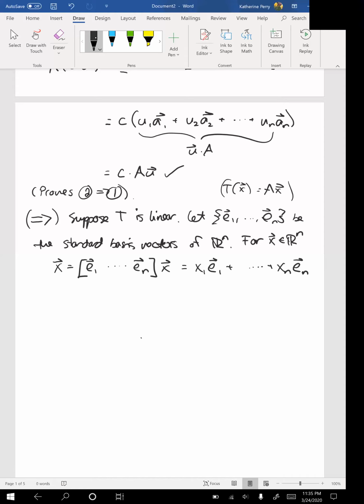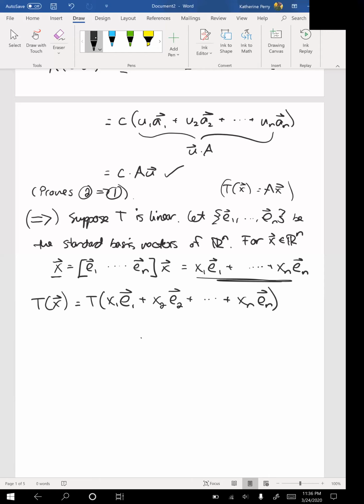So I'll say that T of x is equal to, so I have x here and I have this here, these are the same, so that's equal to T of x1 e1 plus, and let me write the second entry here, x2 e2 plus xn en. And normally we don't know what we could do from this spot.